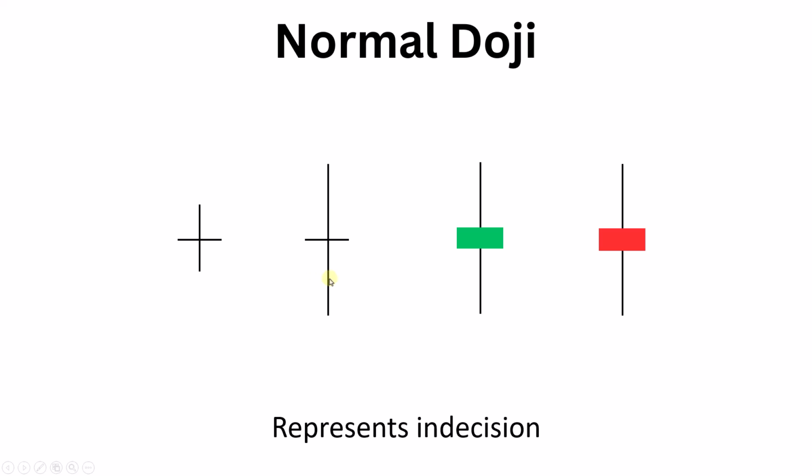Meaning, the trend can reverse or it can go sideways. That is what the doji says. If the doji comes after a downtrend, then it means that the prior trend, which was the downtrend, is coming to a halt and now the trend may reverse or it may go sideways. That is what the doji tells us.